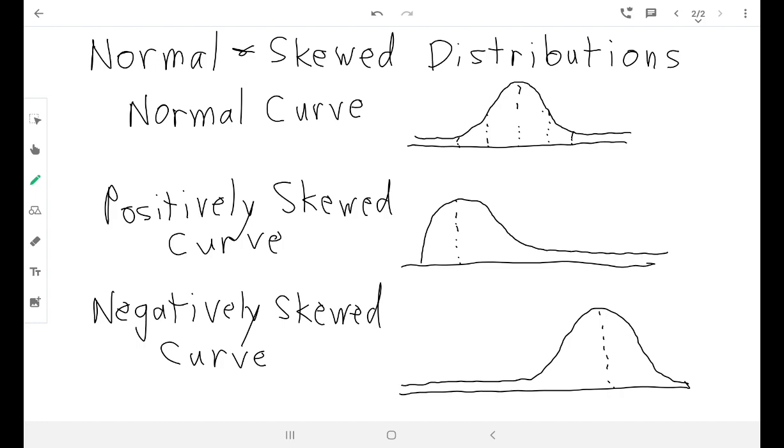I've never come up with a good way to remember positively skewed and negatively skewed. The only thing I can think of is that they're the opposite of what I would expect. If I see the word positive, I expect the hump to be on the positive side, and then I have to remember, oh no, it's exactly the opposite.